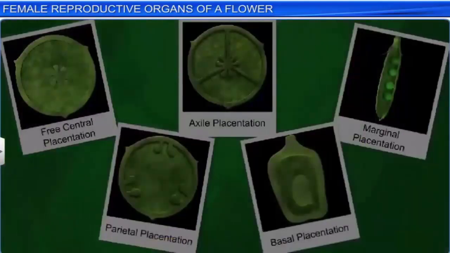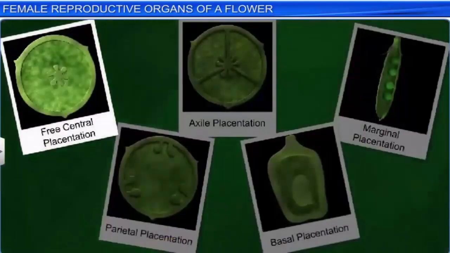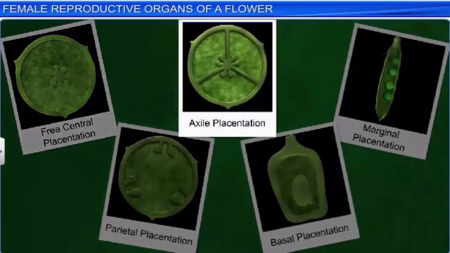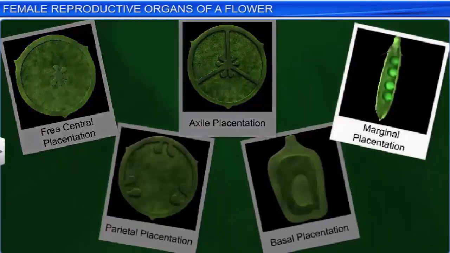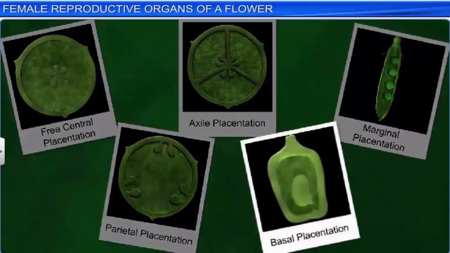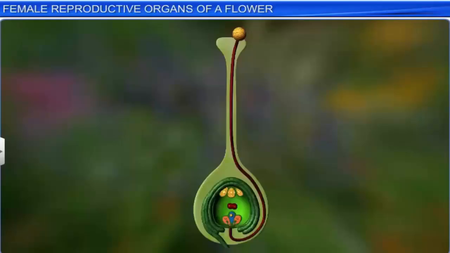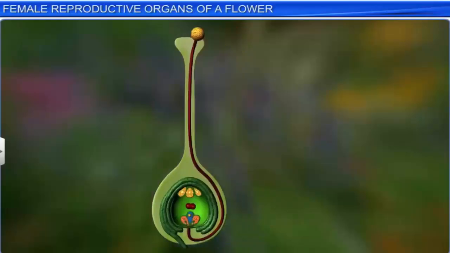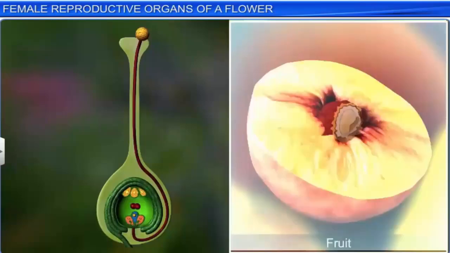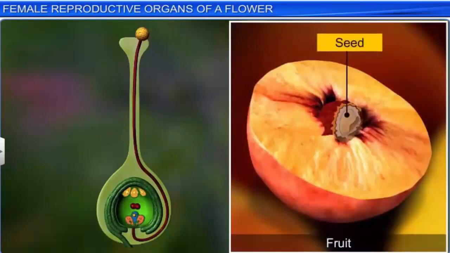These ovules may be arranged in free central, axial, marginal, parietal, or basal placentation. Moreover, after fertilization, the ovules form seeds, while the ovary develops into a fruit.